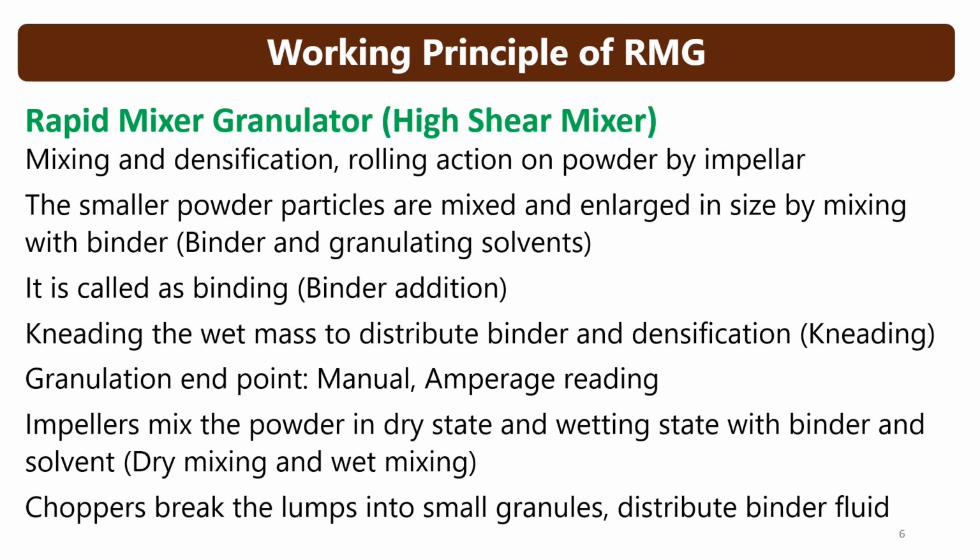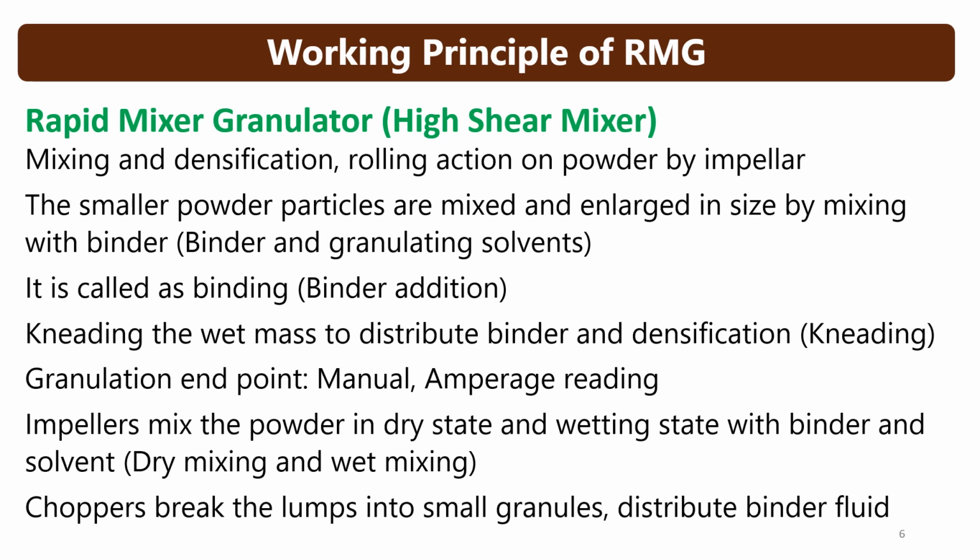So endpoint can be determined by manual like snowball test, and after having the data of scale up and exhibit batches, the amperage reading can be given. That amperage reading will control the granulation activity.